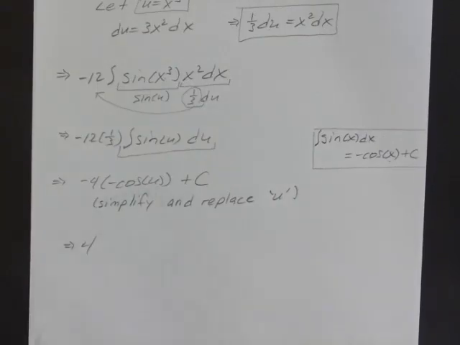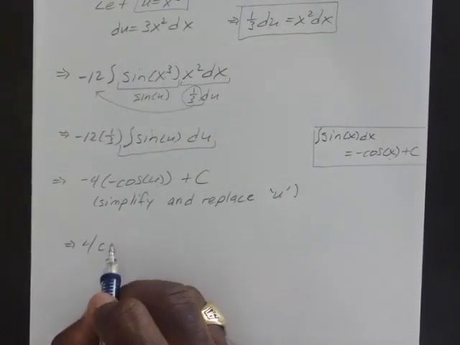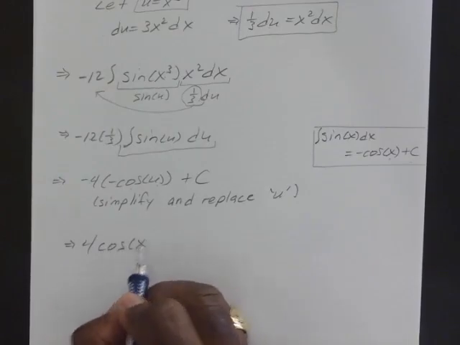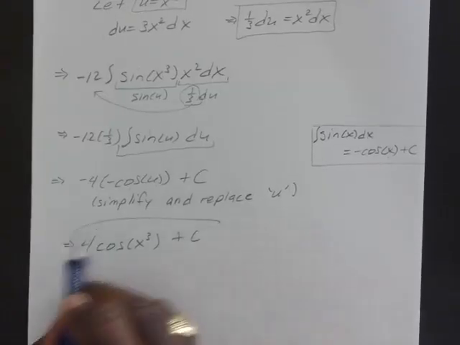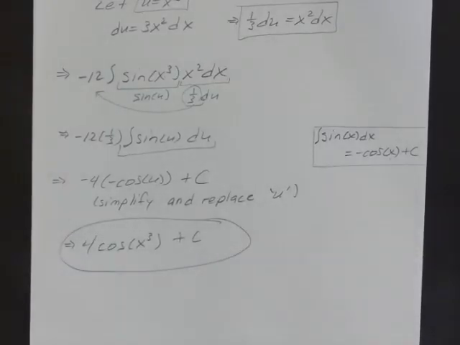And the cosine of u, that becomes cosine of x to the third power. So it's 4 times cosine of x to the third power plus c. All right, so any questions on that one?